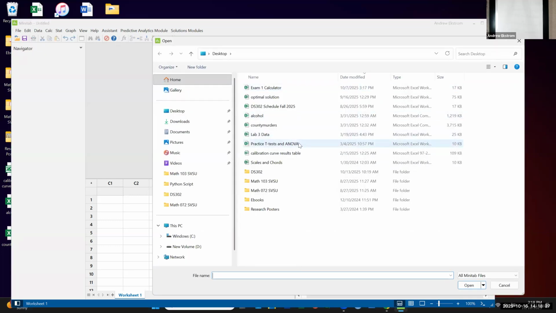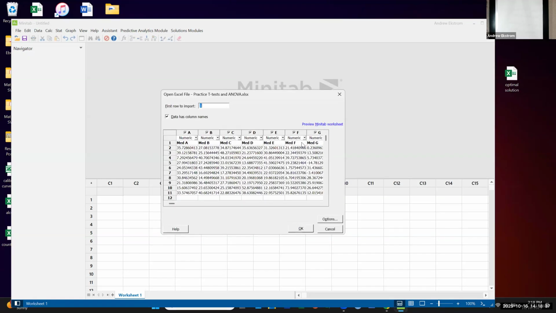So if you've already downloaded the data off of Canvas, it's just the practice t-test in ANOVA. I was going to try to have all this stuff set up for you already, and then I was like, you know what, I'm going to hold off for a minute. So it says data has column names. You need to make sure that you click on that.